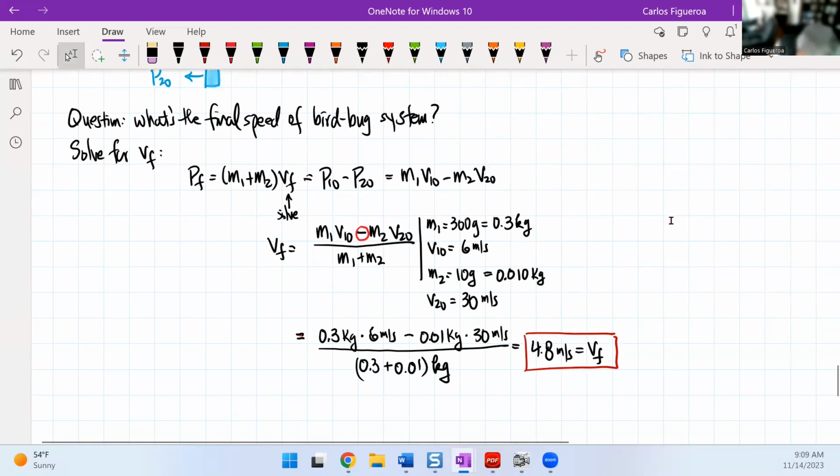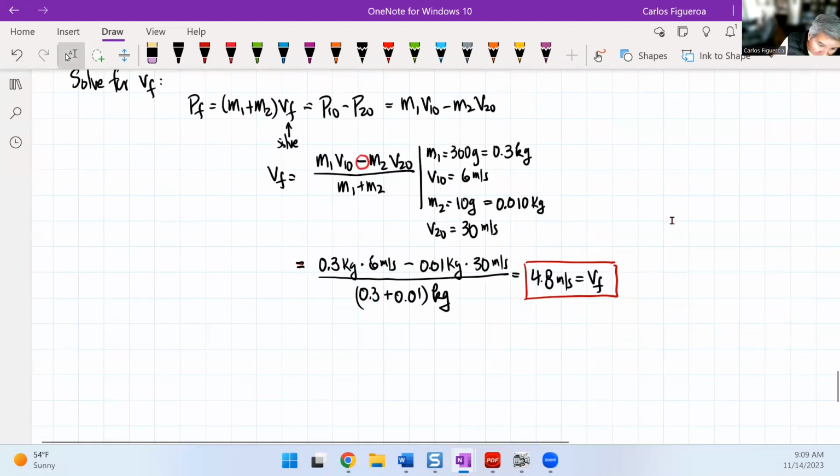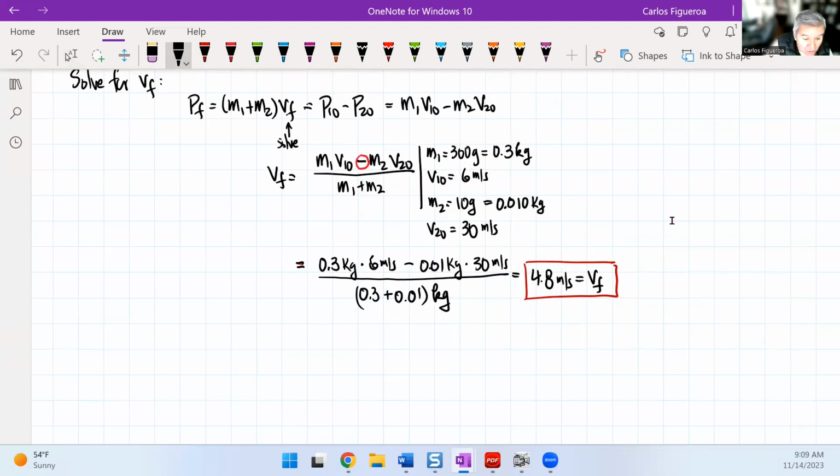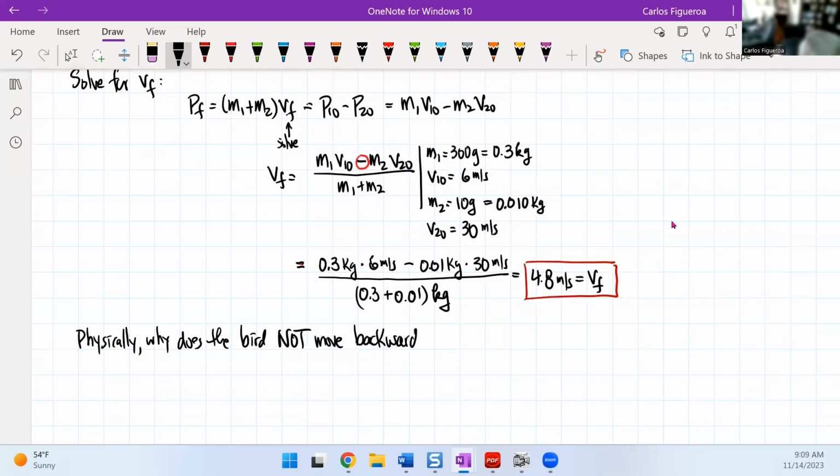So once again, that's how you would solve it mathematically and the way you should do it on quizzes. But what about physically? Why does the bird not move backwards after the collision?